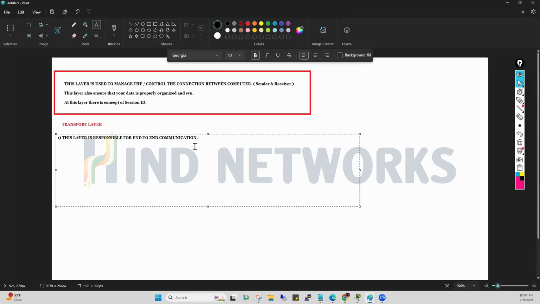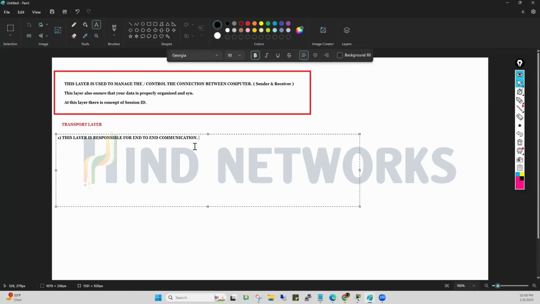But how will both devices establish a connection? And that connection, guys, is generally established at which layer? Please remember, that is called the transport layer. So that is the reason I told you the transport layer is responsible for end-to-end communication.